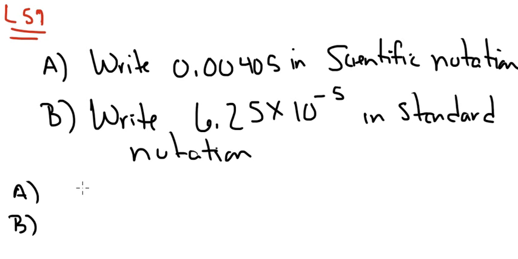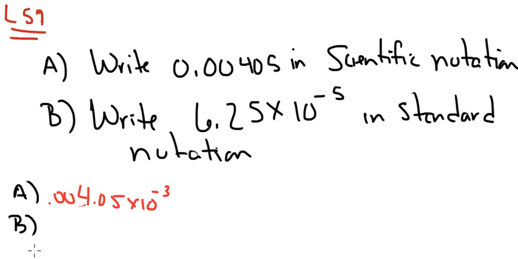Absolutely right. 4.05 times 10 to the negative 3. Because if we go back three places, 1, 2, 3, we wind up with 0.004, which is what we started with, 0.00405. So that's the way we can make sure.